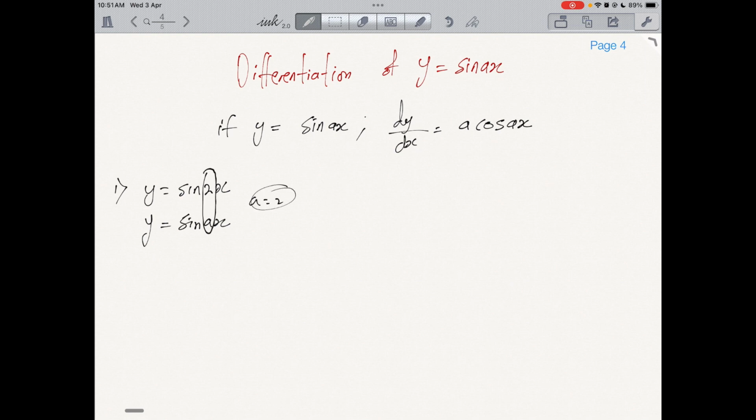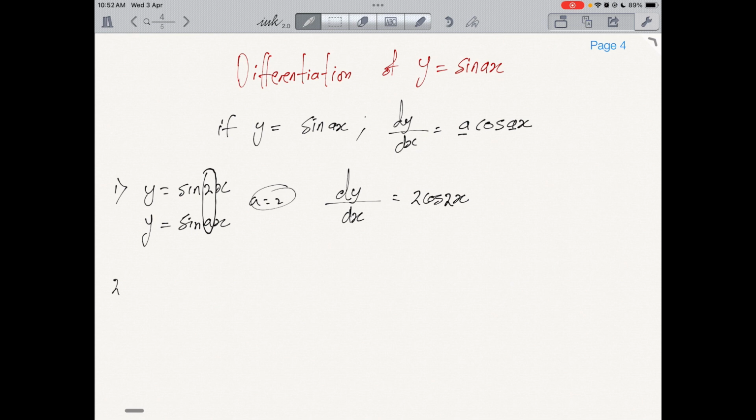Therefore, our dy/dx in this format is a cos ax, and our a is 2, so that is 2 cos 2x. Now it's as easy as that. We just have to know the principles and then apply the principle.